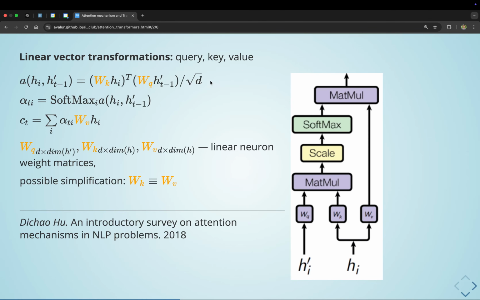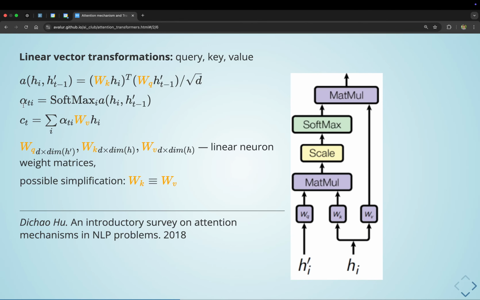Here is normalization, so we divide the result by the square root of d, actually to keep the variance about 1. It's not very important for the moment, but it is simply normalization of the components for the attention scores. And then we perform the softmax operation over the i direction.